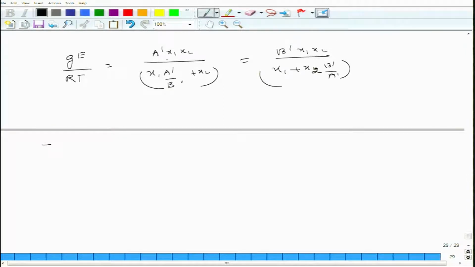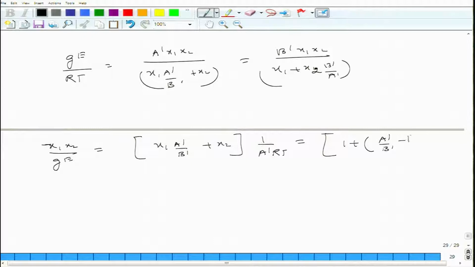So, let me rewrite this expression here in this form. Okay, x1 x2 divided by GE can be written as x1 times (A dash by B dash) plus x2 times 1 by A dash RT. Or I can write this as 1 plus (A dash by B dash minus 1) x1 by A dash RT. Okay.